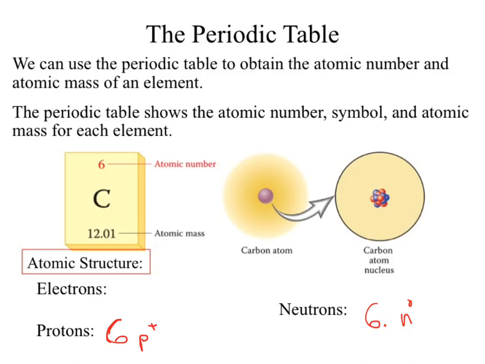So we can pull that information relatively quickly off our periodic table. Our atomic number can give us both the electrons and the protons by inference. Where we've got to be careful: what happens if this carbon is now charged? What charge? Good call. Let's say it's carbon minus 2.